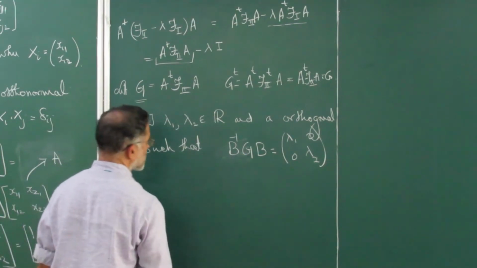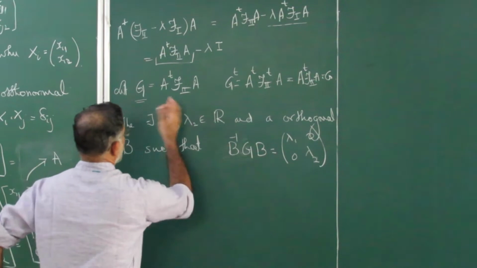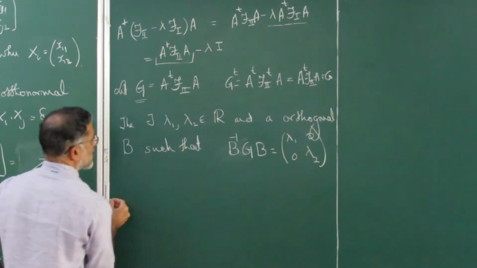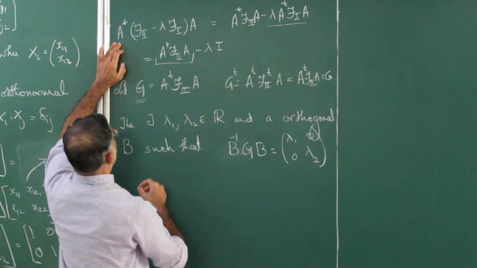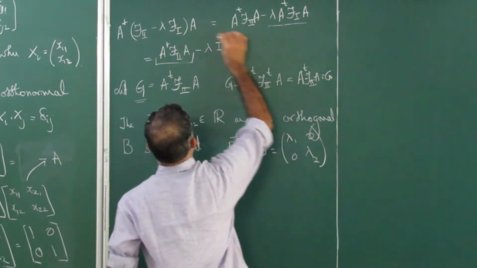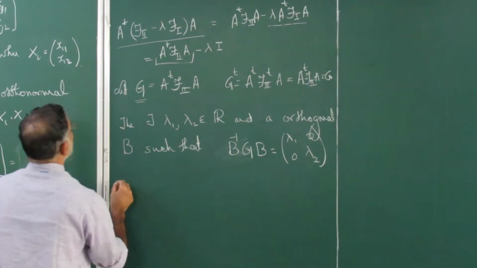So we have done this. Now we are going to look at what that is going to be. So first we took A. Now we are going to take B transpose. So let's look at this place.